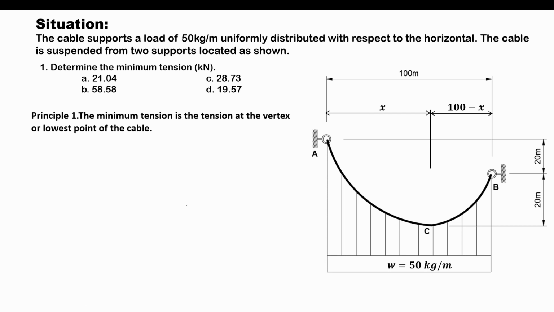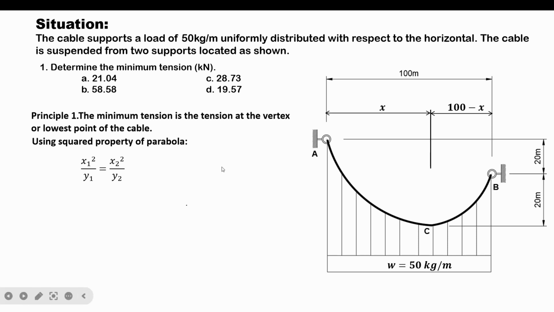In order for us to determine this variable x, we should apply an important property of a parabola, and that is the squared property of parabola. This property states that the square of the x-coordinate of the first point over its associated y-coordinate is also equal to the square of the x-coordinate of the second point over its associated y-coordinate.